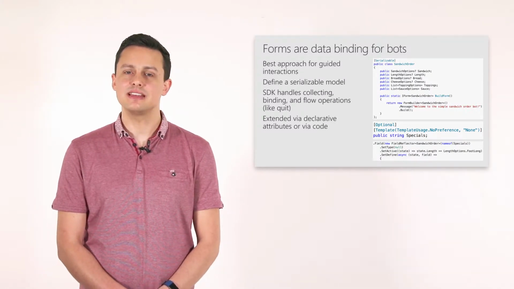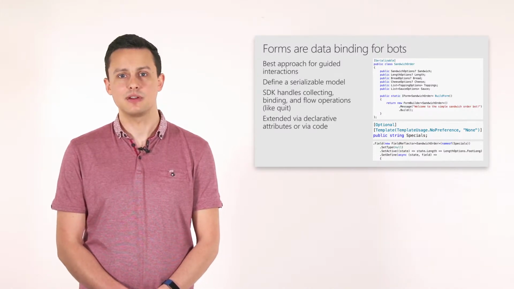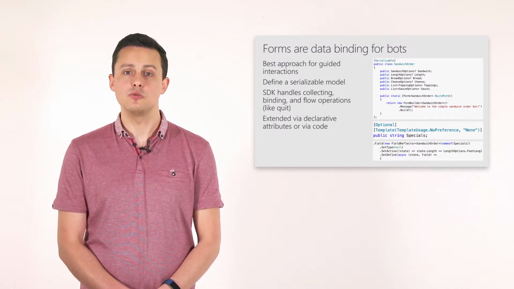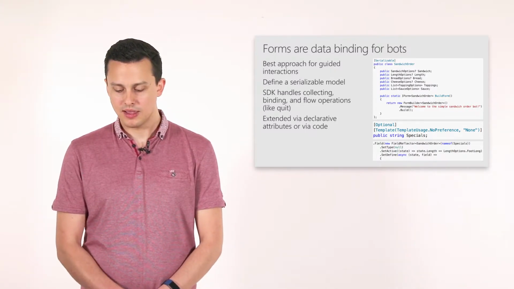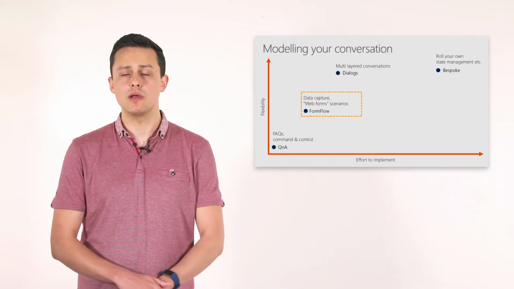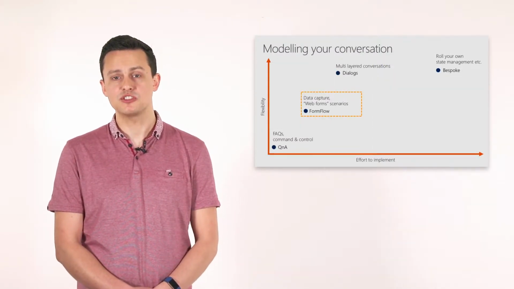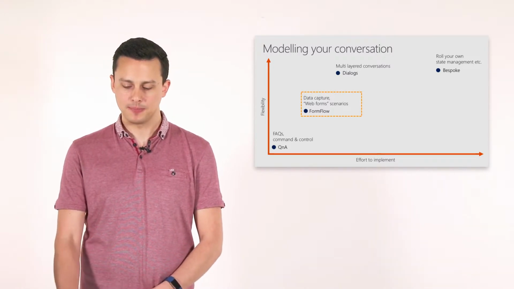We can even extend it further by writing our own code and become very prescriptive about how that experience is generated. We can build things like carousels, we can add advanced validation logic, and much more. So that's FormFlow, and we're going to see a demo of that in just a moment. It's a key part of any bot experience.